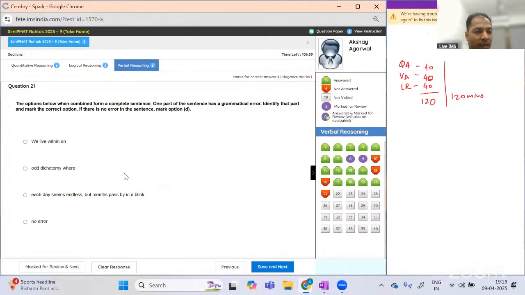We live within an odd dichotomy where each day seems endless, but months pass by in a blink. We live within an odd dichotomy. Within. Or should it be in: we live in an odd dichotomy where each day seems endless, but months pass by in a blink.